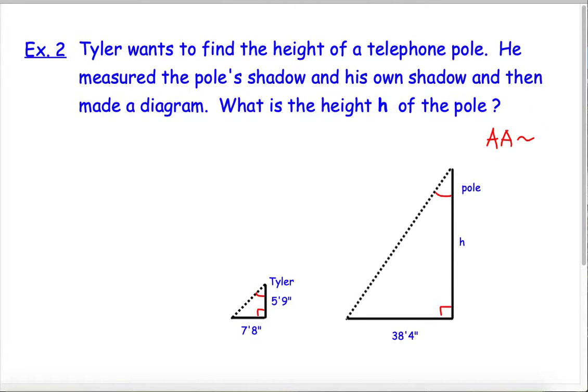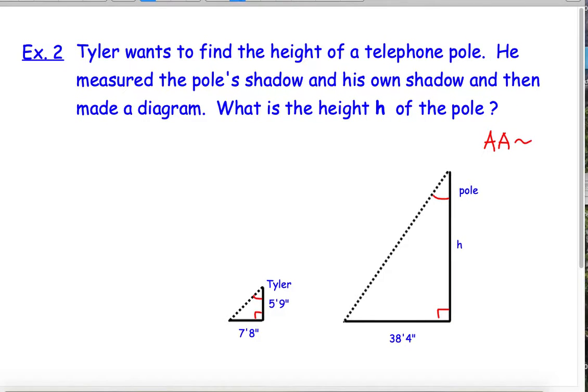So let's set up a proportion. Now, as we've talked about, there's a lot of different ways we can match this up. We could say Tyler's height to the pole's height equals Tyler's shadow to the pole's shadow. Or we could do Tyler's height to his shadow equals the height of the pole to its shadow.